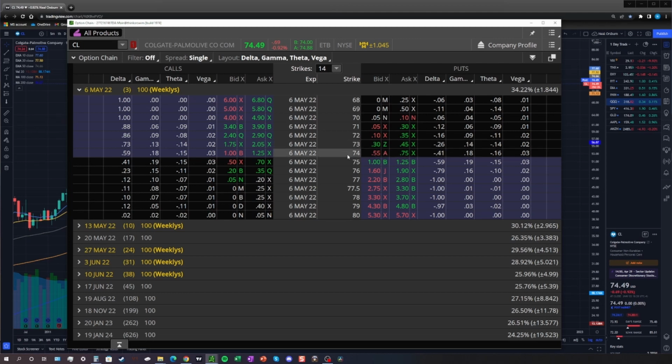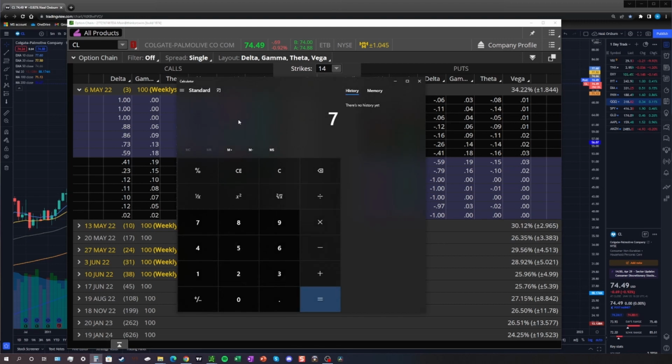So say we'll take the 74 strike price. We'll take 74 and multiply that by 100. The reason you multiply it by 100 is because each options contract you sell is for 100 shares. So if you're going to sell just one, in this case, it would be $7,400 that you would need to put up.